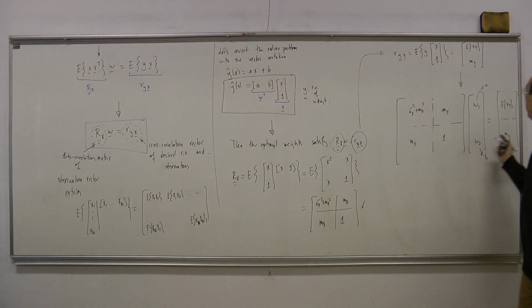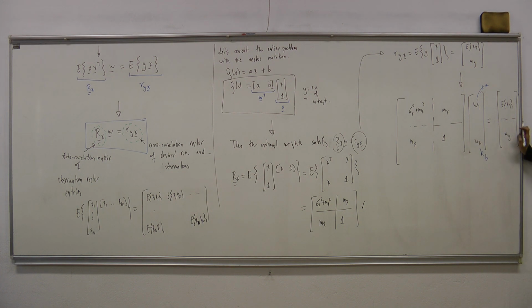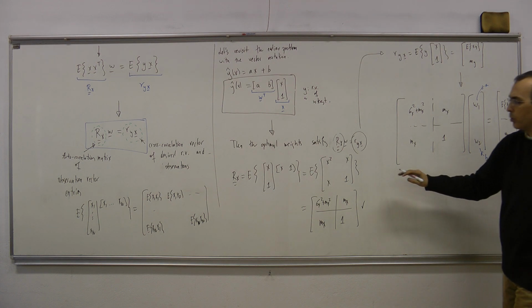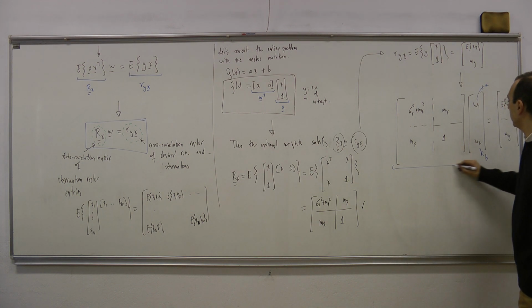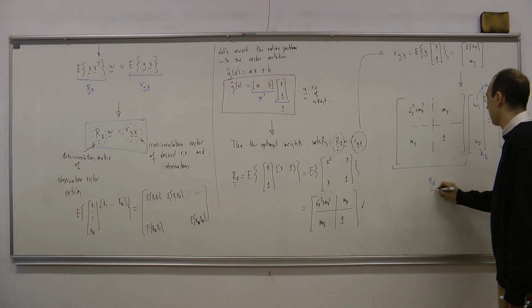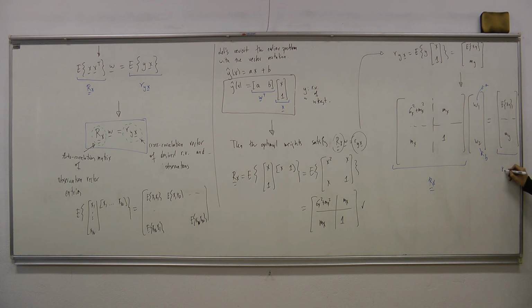So if I can calculate this matrix and the vector in one strike, I'm done. So this is what we are going to do for the linear MMSE estimation. We'll be calculating this Rx matrix and the cross correlation of the desired quantity and the observation vector, and that is it. That will be our main task.